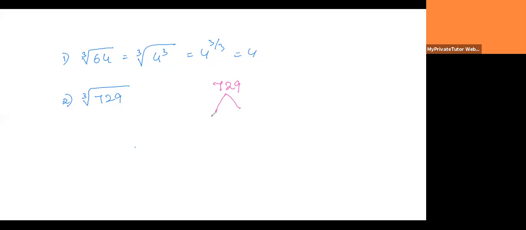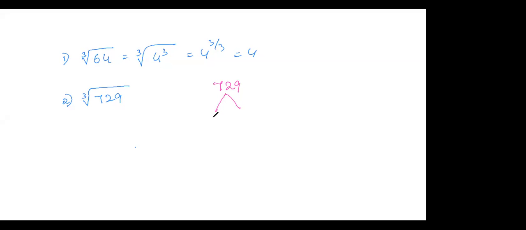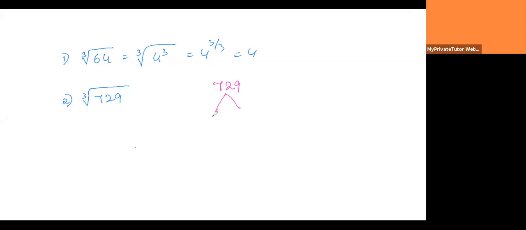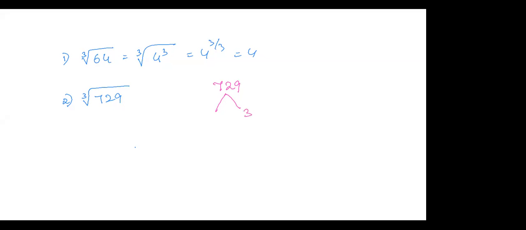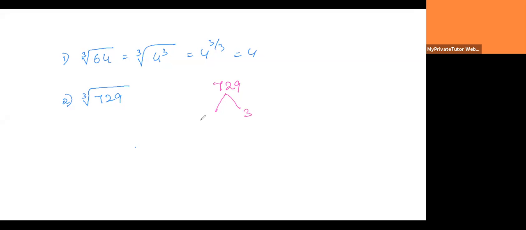So just check which is the number. 81 and 9. No, 9 is a bigger number to go with. Can we go with a 3? Yeah, that's good. 3 and check. So yes, we get 3 times 243. Why haven't we gone with the 9? Because 9 is not a prime number.